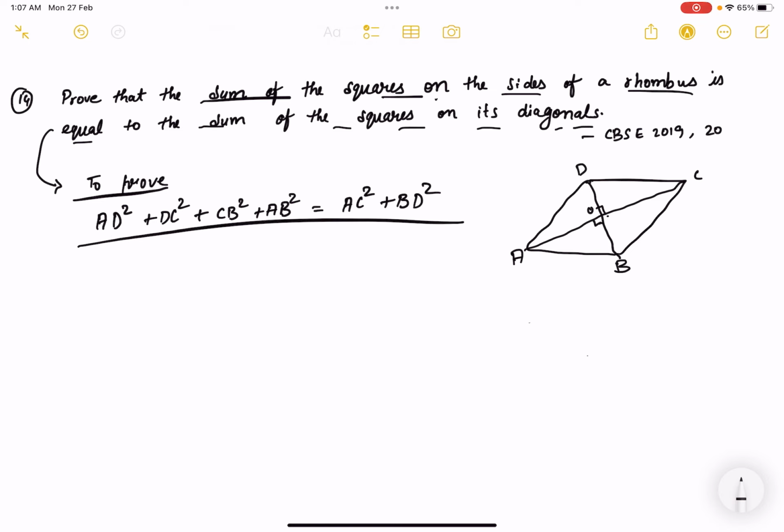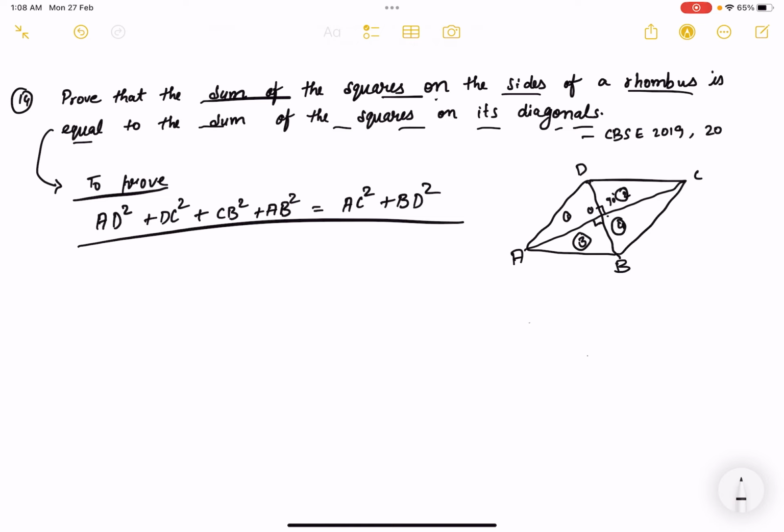So again, the property of a rhombus is that its diagonals intersect at 90 degrees. So we have four triangles. This is triangle 1, this is 2, this is 3, and this is 4.